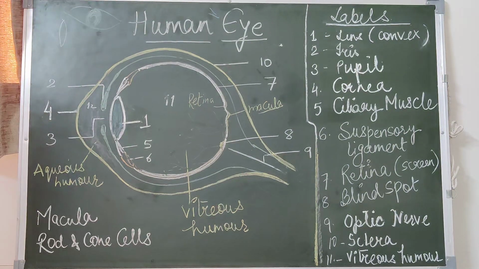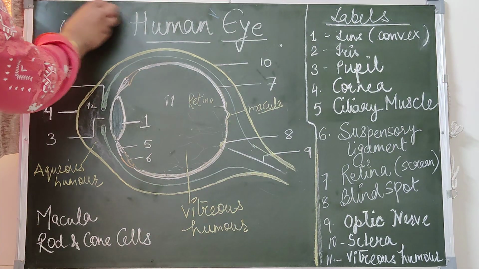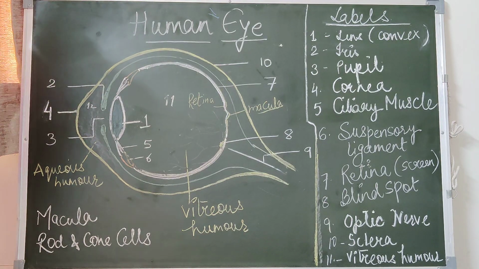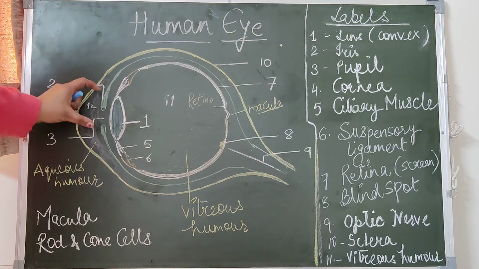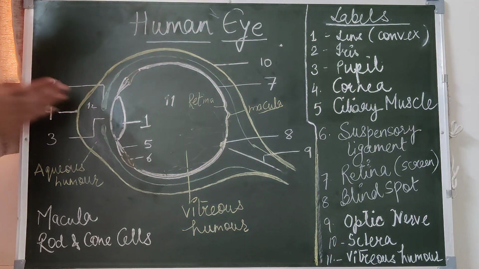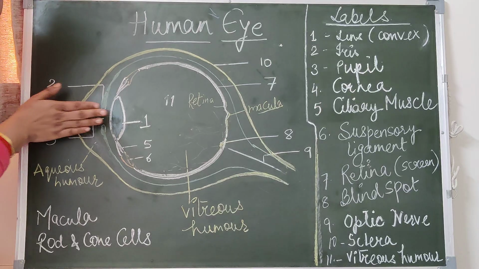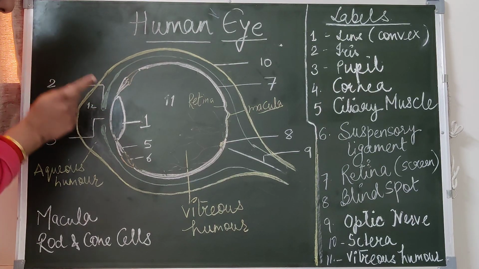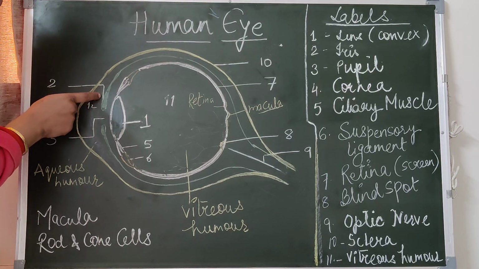Now what is the role of this? The very important role is this particular iris part controls the amount of light entering the eye. How much light should get into this eye? Light is coming from this side. How much light? It will be decided by this iris.